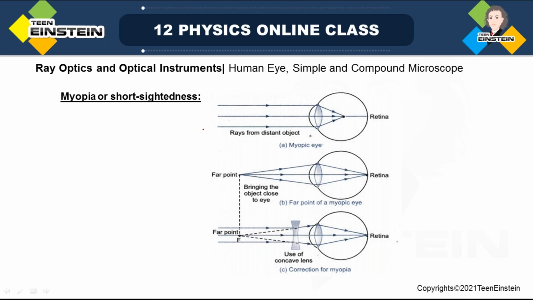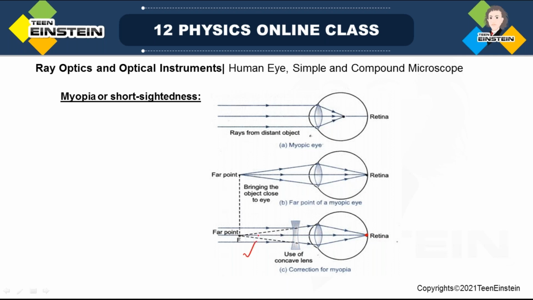The ophthalmologist will suggest a lens depending on your power. We'll discuss it exactly: the correcting lens has to have a focal length such that the final image is created at the retina.